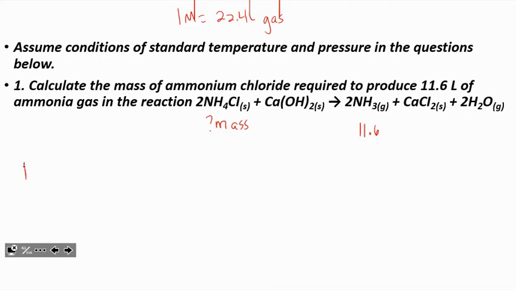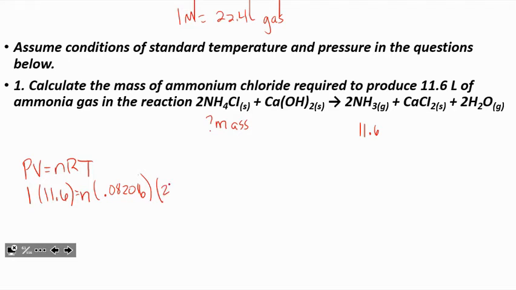So we put that into our PV equals nRT formula. Our pressure, it said standard temperature and pressure, so our pressure we would use is 1. We've got 11.6 here. Our n value is what we're solving for. Our R value is going to be 0.08206. Let me look that up real quick.